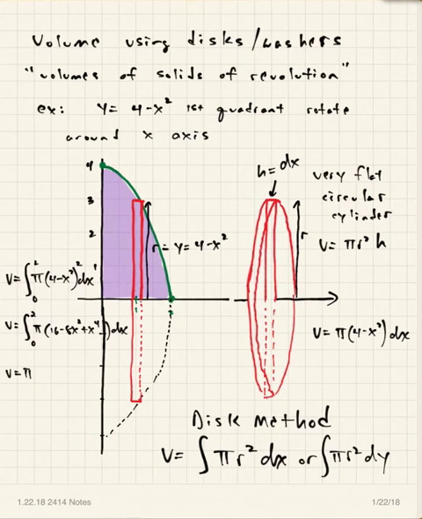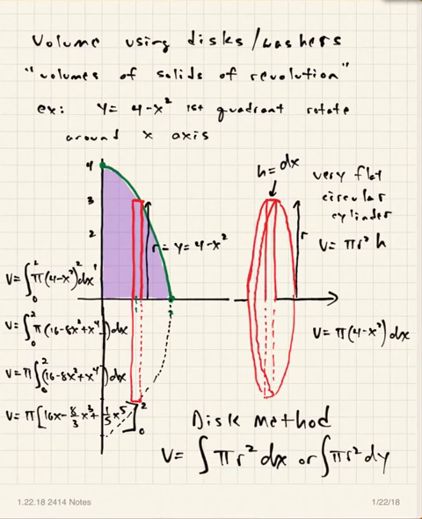You can take the pi out since it's a constant, and this would be the integral from 0 to 2 of 16 minus 8x squared plus x to the fourth dx. Then you could find the antiderivative there, which is 16x minus 8/3 x cubed plus 1/5 x to the fifth, going from 0 to 2.